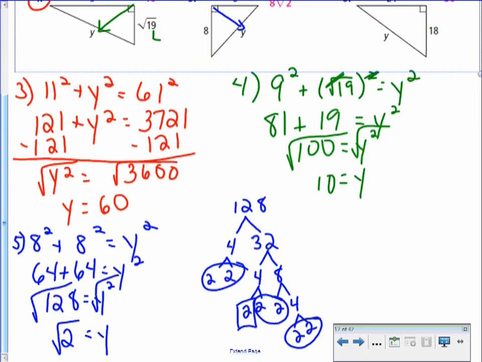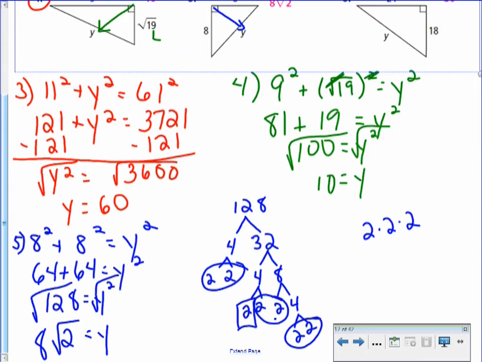Now remember, for the pairs, you only put one 2 on the outside. So I have 1, 2, 3 2's. So that means on my outside I have 2 times 2 times 2. That equals what? So that's how I get 8 radical 2 for my final answer. 2 times 2 times 2 is 4 times 2. Other questions on that?